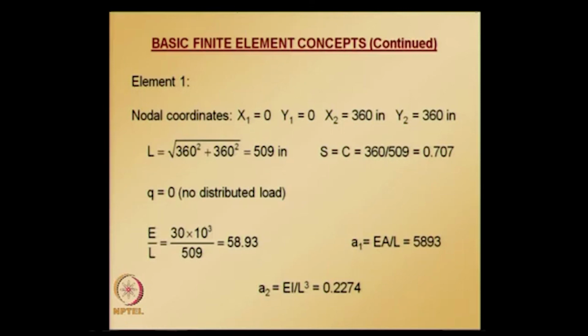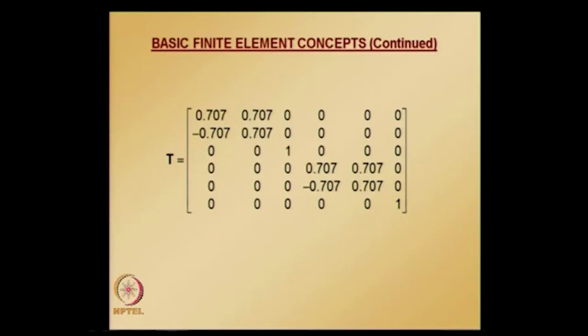And once we have all this, we can find the global equation system by knowing the global stiffness matrix. The stiffness matrix for element 1 in the global coordinate system is going to be T transpose KL T, and all the computations are shown here. This is the transformation matrix.